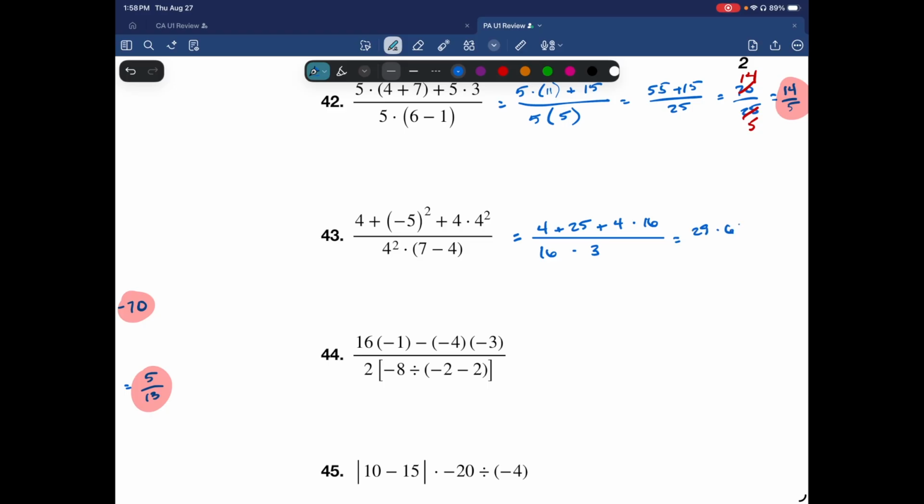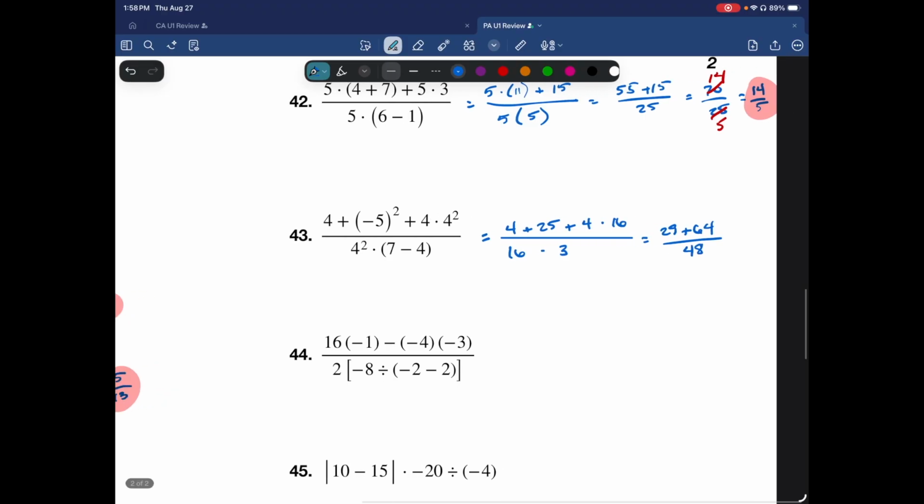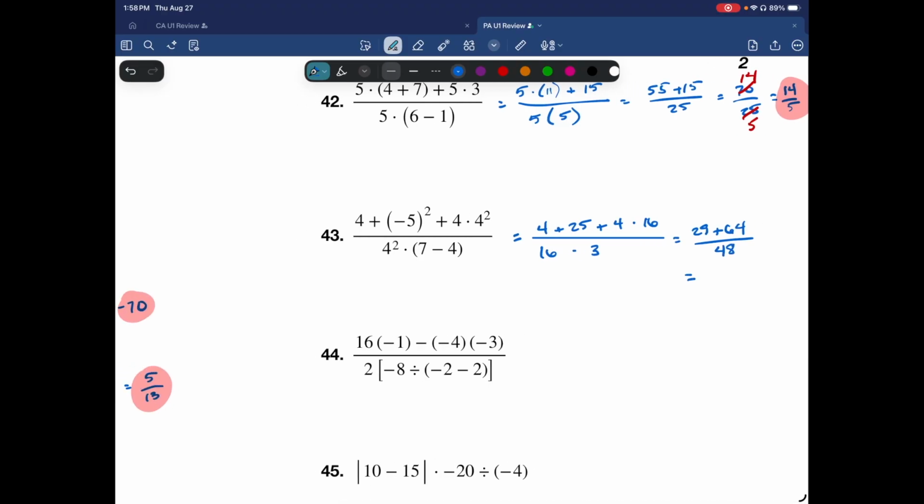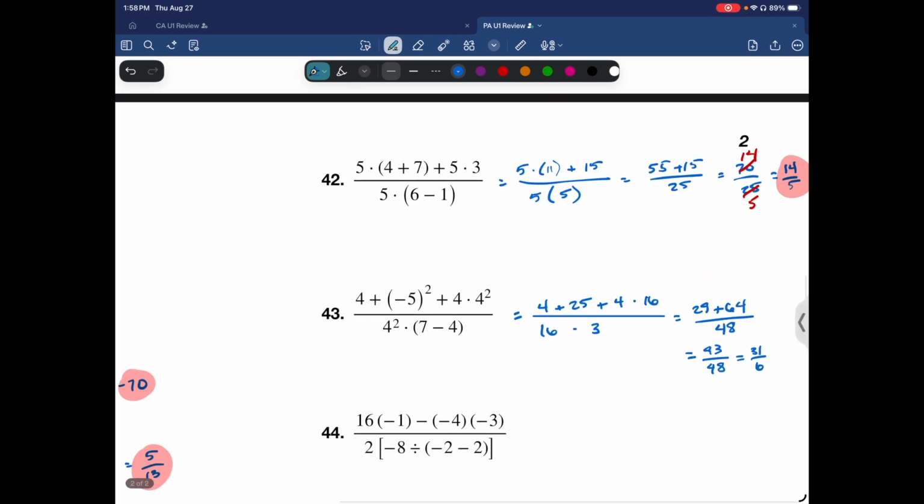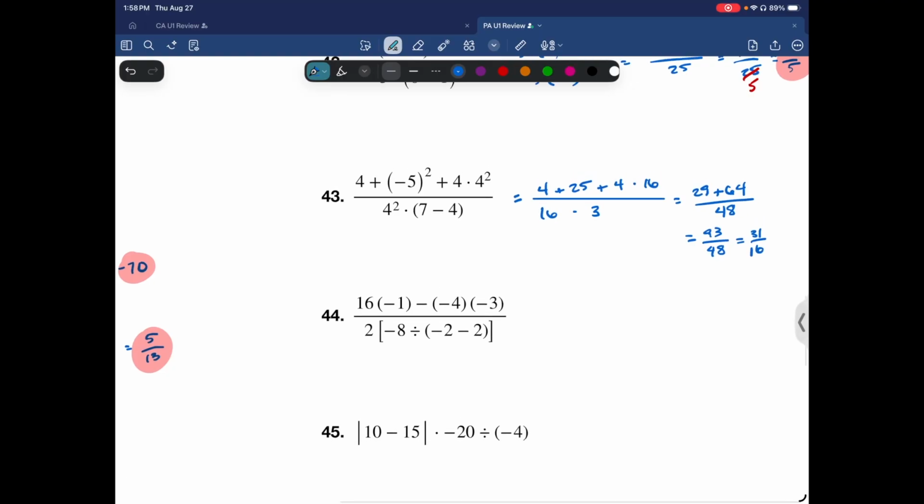And that's going to be plus 64 over 16 times 3, which is 48. All right, so that's going to give you 93 over 48, which actually will reduce, and it will reduce to 31 over 16. So it reduces by 3. 31 over 16.